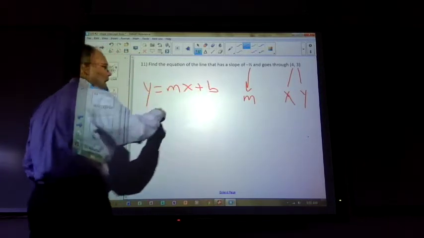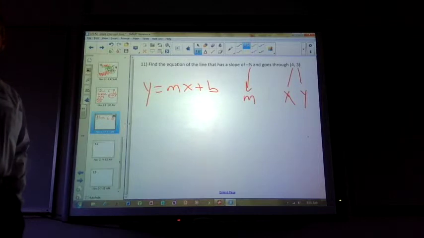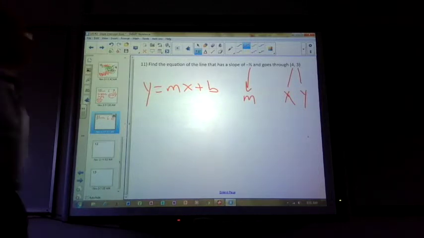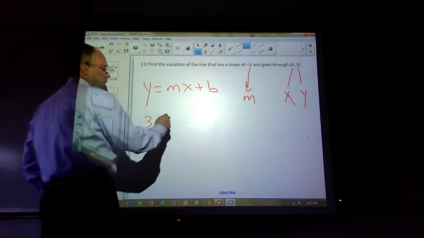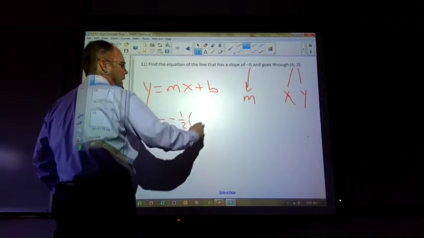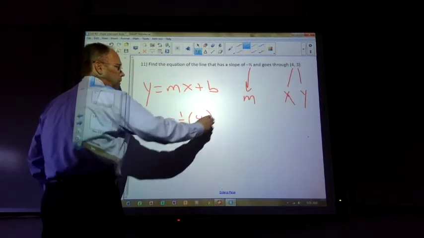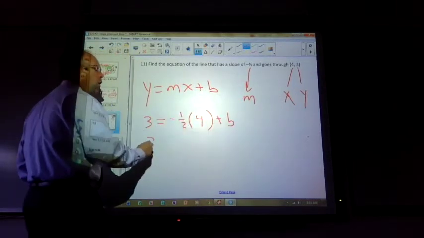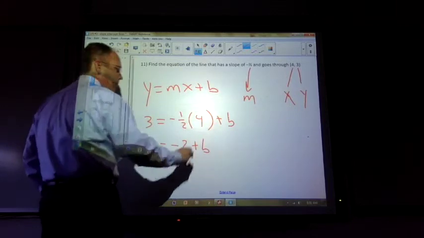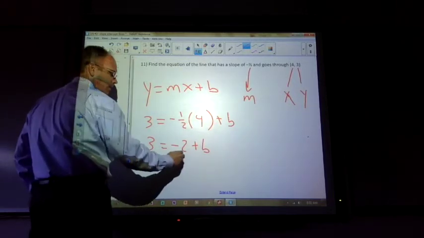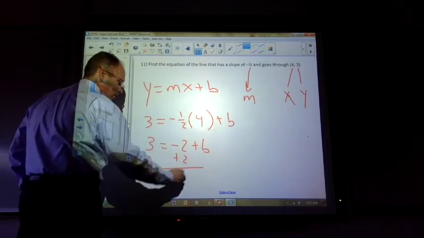What letter am I going to solve for if I have m, x, and y? I'm going to solve for b. So I know that y is 3. m is negative 1/2. x is 4. Plus b. What's negative 1/2 of 4? Negative 2. How do I get b by itself? Add 2.